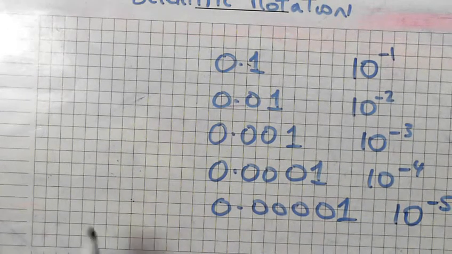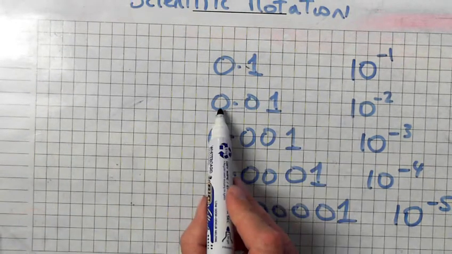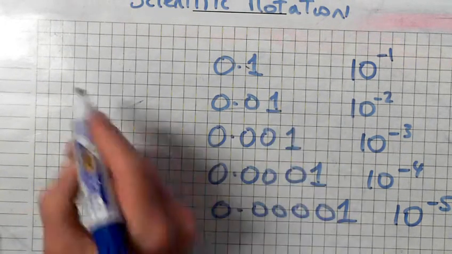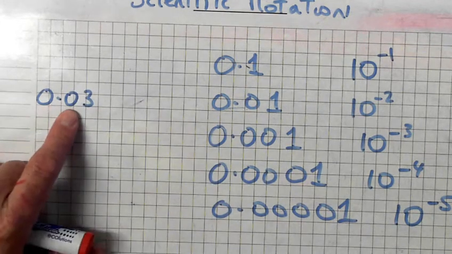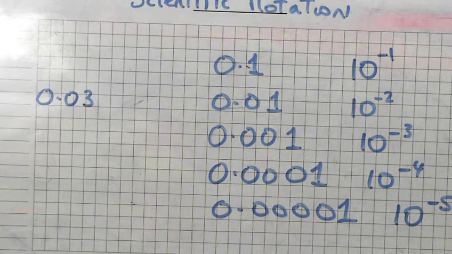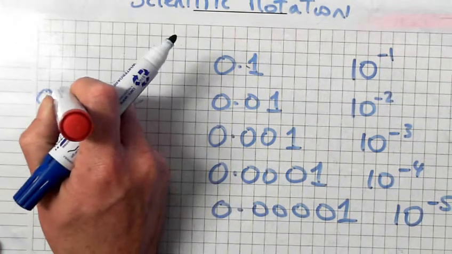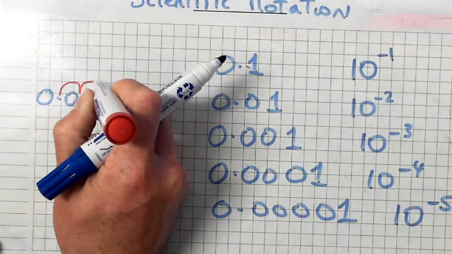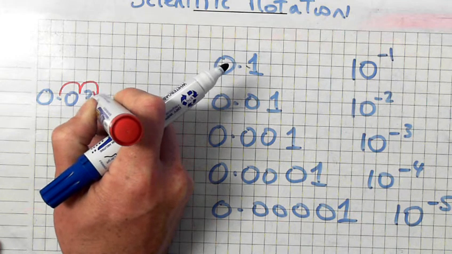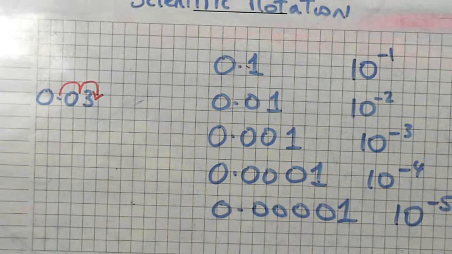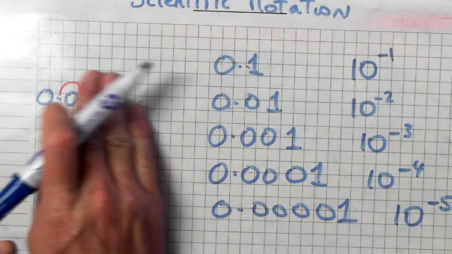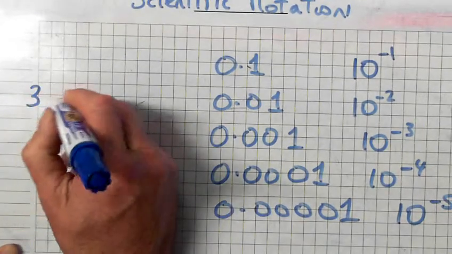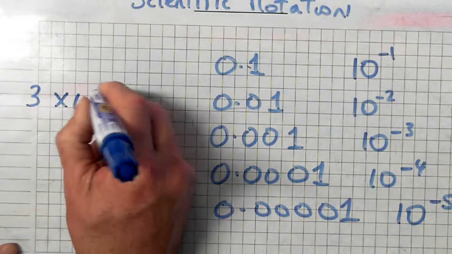Alright. So how do I write, let's say I had 0.03. How do I write that in scientific notation? Right, I need to move the decimal point behind the 3. So that's 3.0 times 10 to the minus 2.